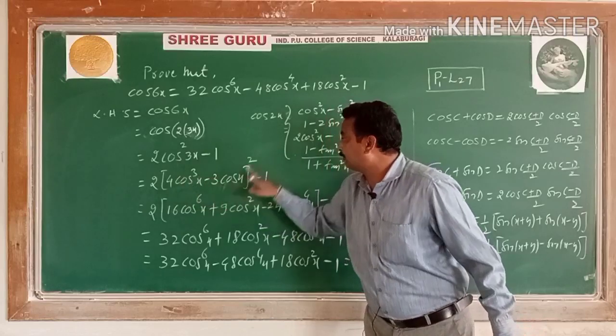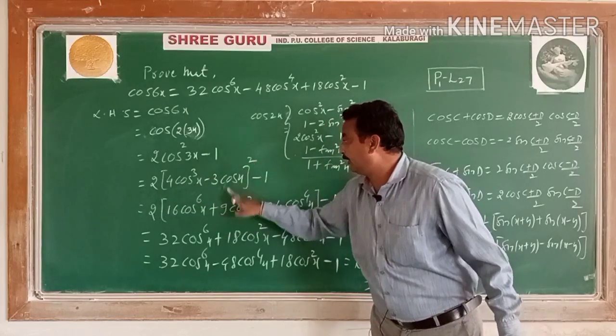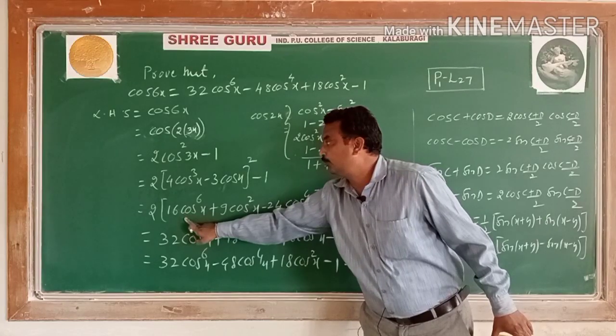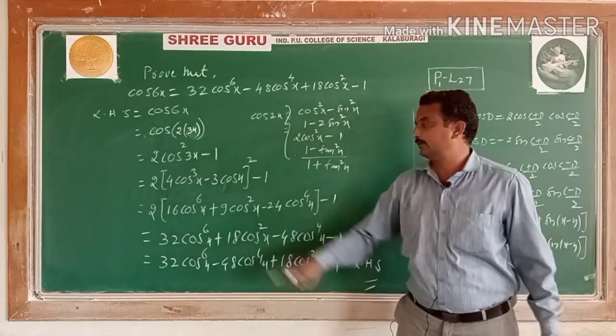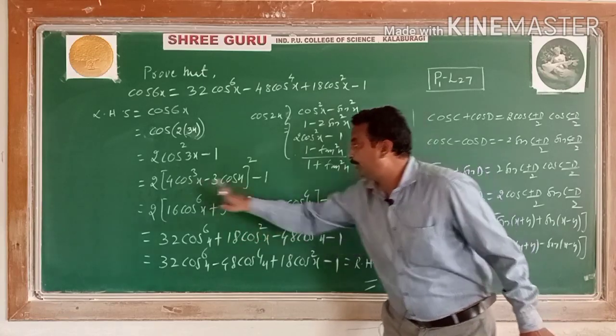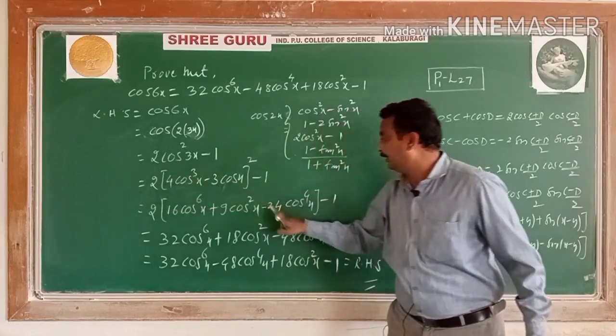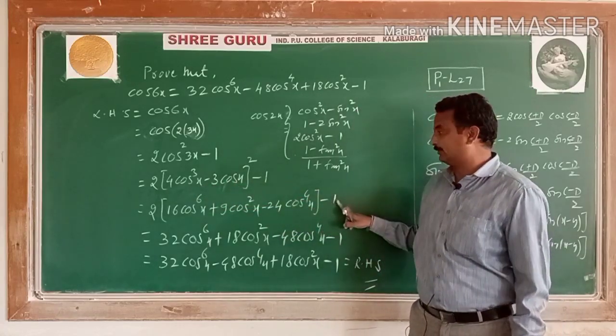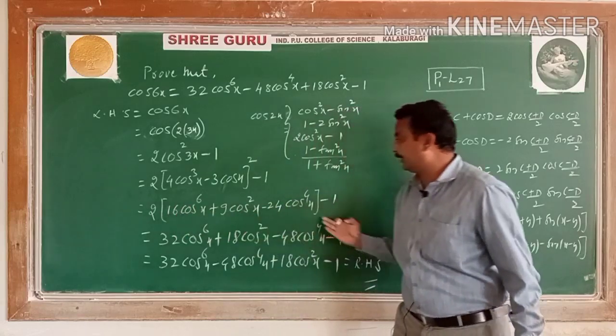Then a minus b whole square, expanded: a square is 16 cos 6x, b square is 9 cos square x, minus 2ab, 2 into 4 into 3, 24 cos cube into cos x, cos 4x, minus 1. This 2 is taken inside the bracket.